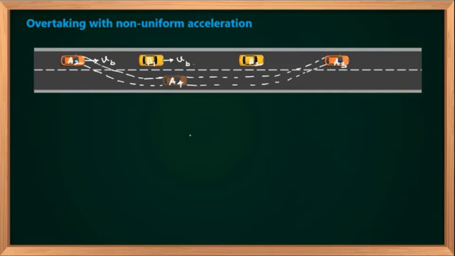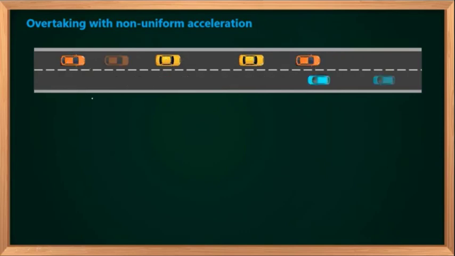He is going at an acceleration of a1 for a time t1. Then here he is going at an acceleration a2 for a time t2. To reach the A3 position from A4, he takes time t2, and to reach A4 from A2, he takes t1.